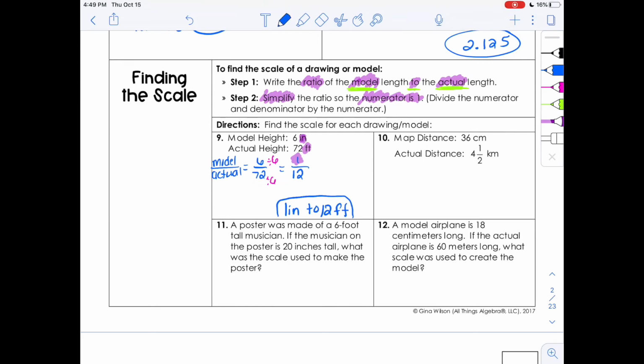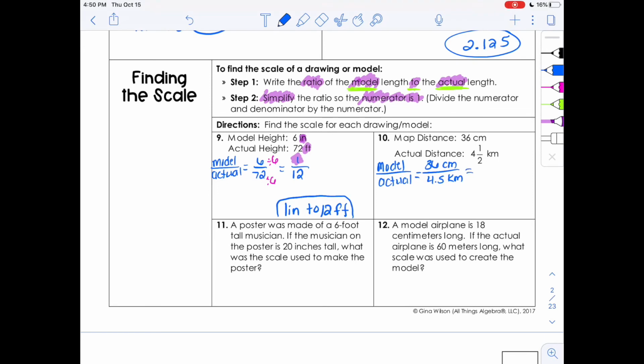So the next one, number 10, the map distance is 36 centimeters and the actual is 4.5 kilometers. So again, our ratio is always our model to our actual. And our model is 36 centimeters to our actual 4.5 kilometers. So I'm going to simplify this down.